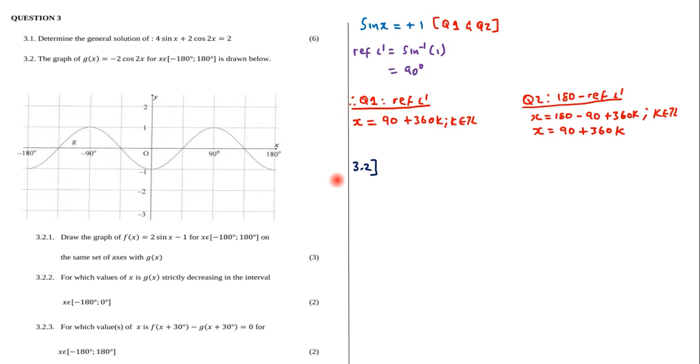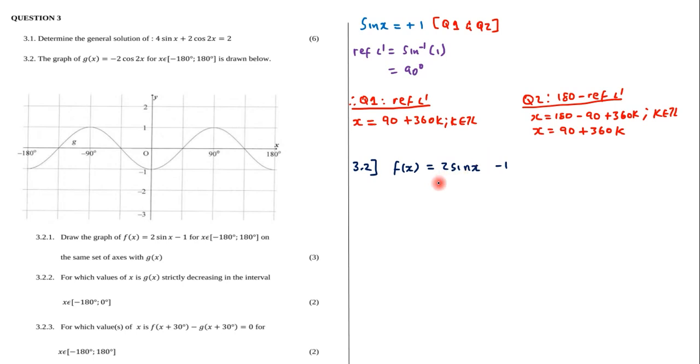The first question says we need to draw the graph of f of x equals 2 sine x minus 1 for x an element of minus 180 to 180 on the same set of axes with g. So we are being asked to sketch this graph, 2 sine x minus 1. The domain or restriction there is still the same as that one.